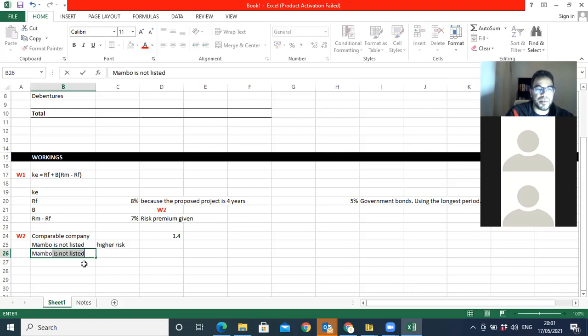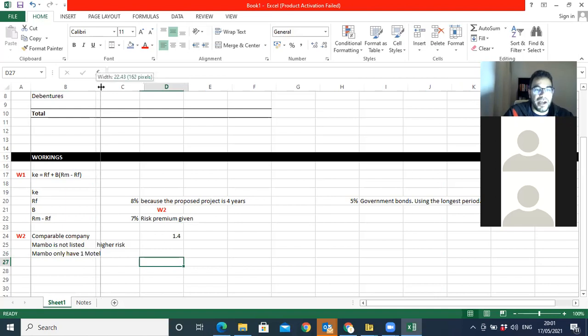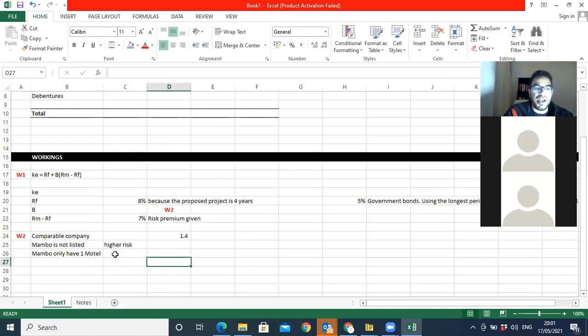They only have 1 motel. They don't even have 1 motel yet, they're still getting 1 motel. So is it better having 1 motel or 3 motels and 6 hotels? The other company is better. Therefore, from Mambo's perspective, Mambo is higher risk.